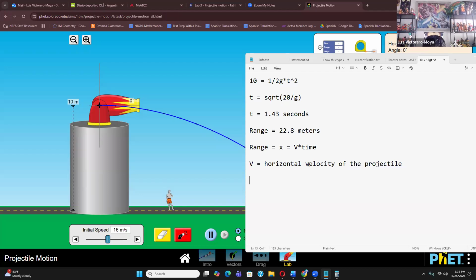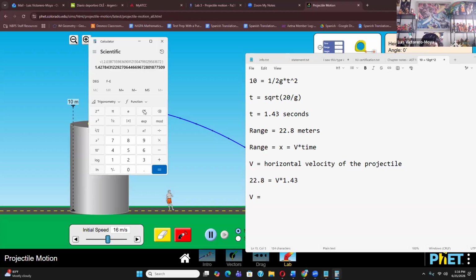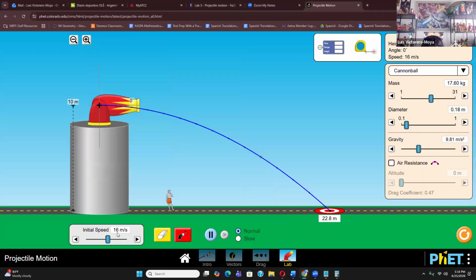The magnitude of the velocity is speed, and because there is just one component, they both are the same. So 22.8 equals v times time, which is 1.43. So v is just 22.8 divided by 1.43, 15.94, so 15.9 meters per second. And guess what? That matches almost the one in the software.